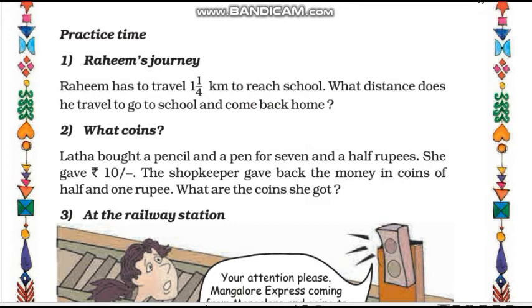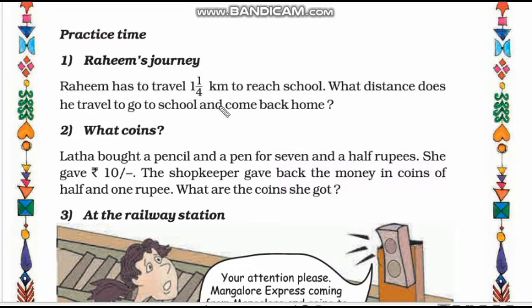Children, here is given practice time. First one, Rahim's journey. Rahim has to travel 1 and 1/4 kilometer to reach school. What distance does he travel to go to school and come back home? So this is a very simple question. How can we find out the distance he travels to go to school and come back home?